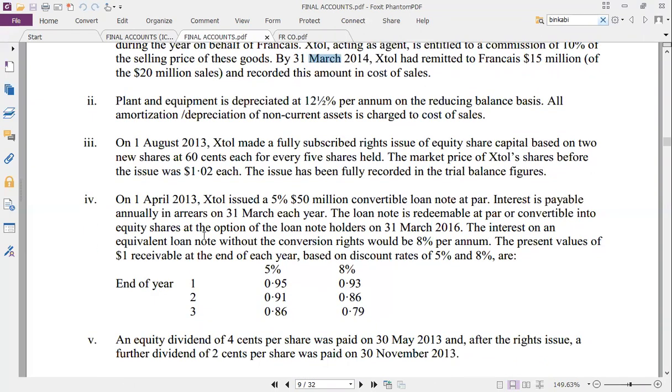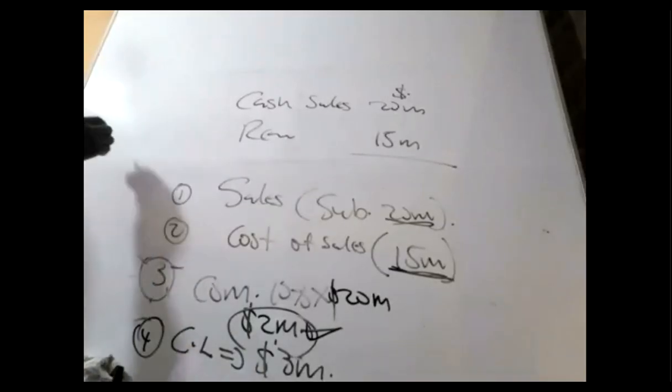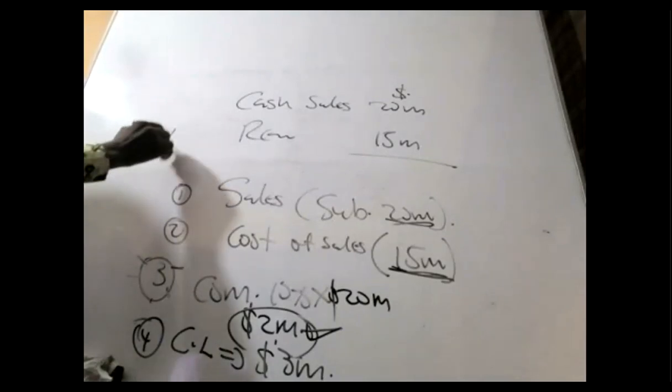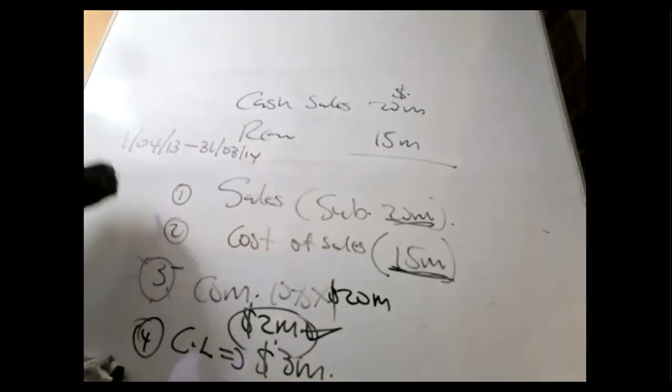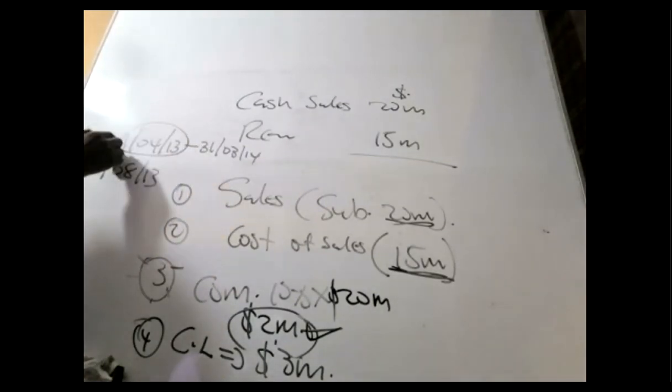We will calculate it. On August 1st, 2013, we are reporting when? April 2013, right? So we are reporting April. So 1st of April 2013 up to 31st of March 2014. So 1st of August 2013 will be how many months? That means we started our financial year in April.